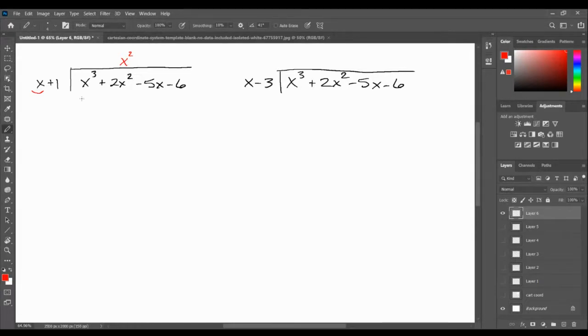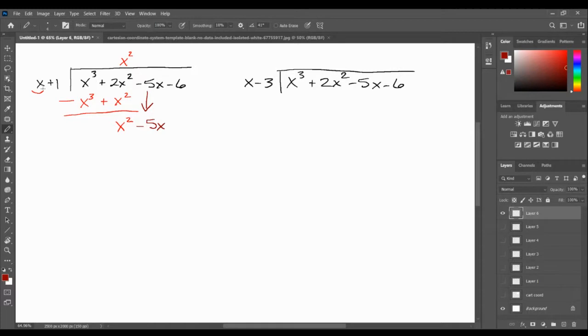X squared times x is x cubed. X squared times 1 is x squared. And now I need to subtract this binomial. X cubed minus x cubed is 0, so I'll just leave that. 2x squared minus x squared is 1x squared. Now I bring down the next term.